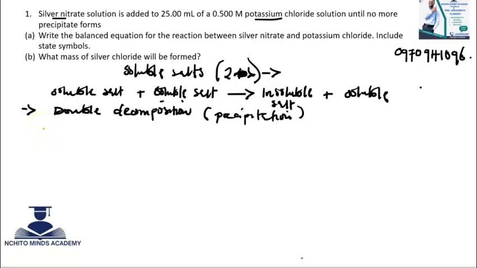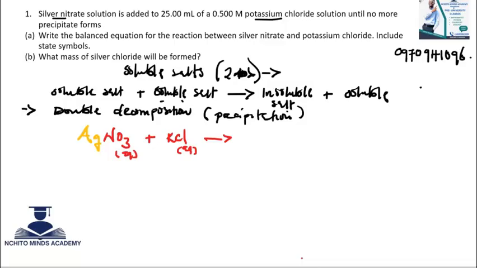We have silver nitrate. Silver nitrate is a soluble salt, so the state is aqueous, plus potassium chloride. This one also is a soluble salt. What you produce is one insoluble salt. In this case, potassium displaces silver, because it is more reactive.